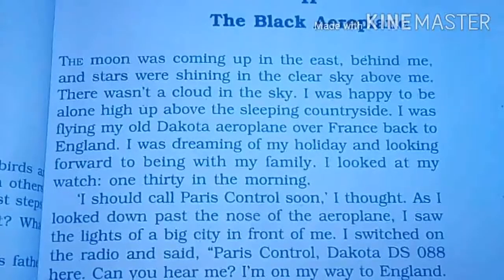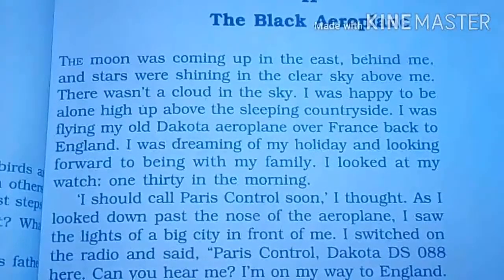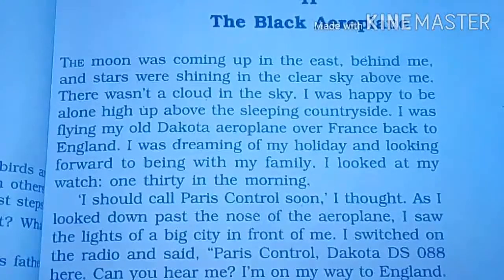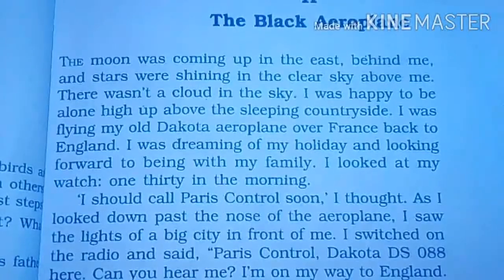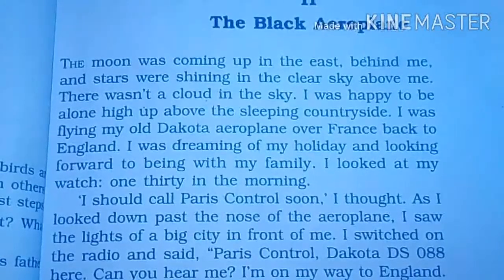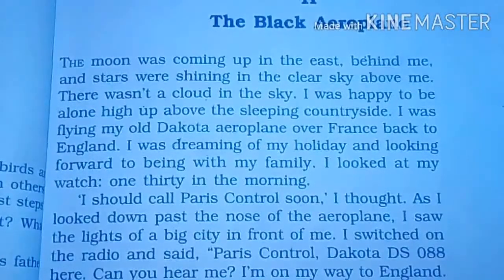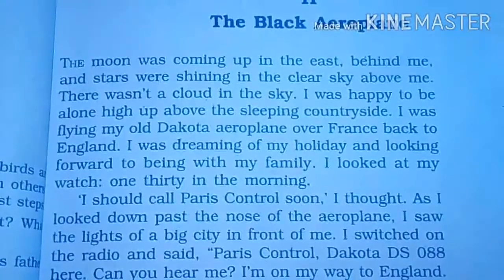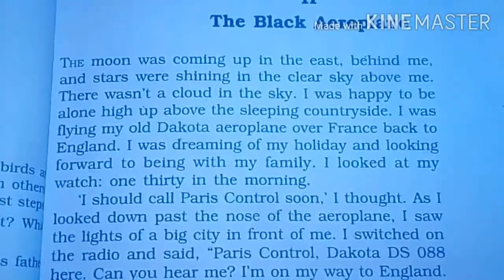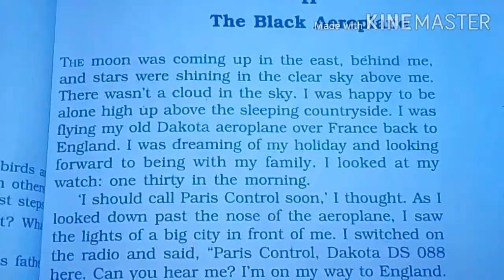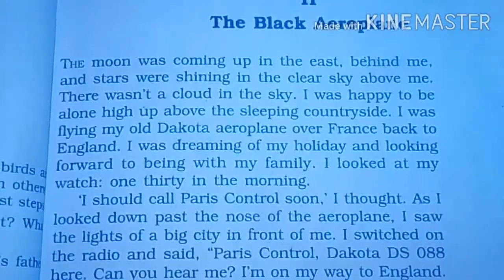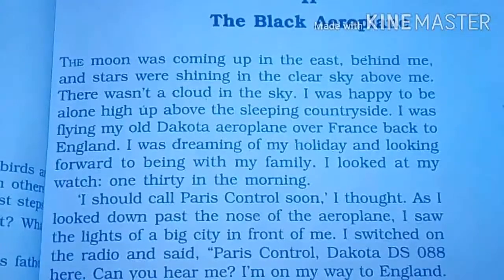The stars were shining in the clear sky above me, and the stars were shining above him, because it's a glass cockpit, so from there everything is visible. He could see things above, and the stars were all shining in the clear sky. The sky was pretty much clear, and behind him the moon was emerging. So this is the setup here.